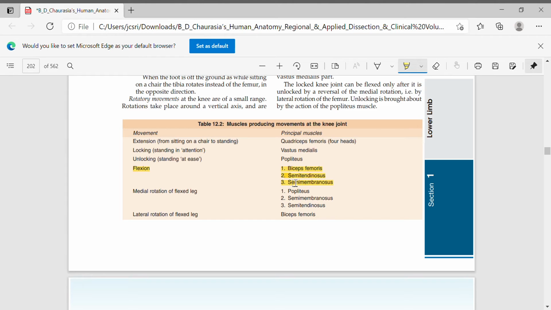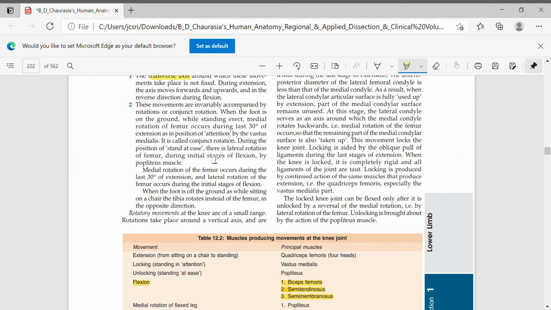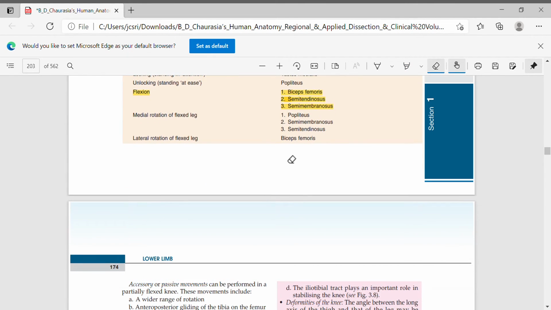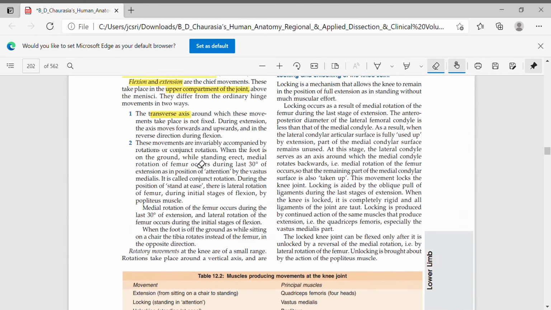These are all the hamstring muscles. Flexion is going to take place at the last 30 degrees of the extension process. So flexion is caused by these three muscles, around the transverse axis.